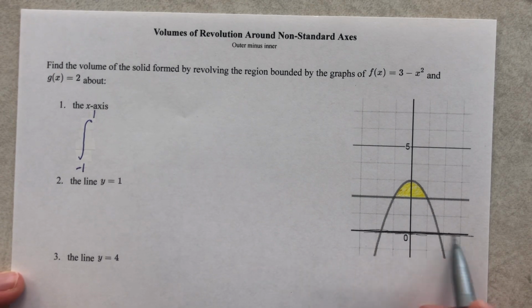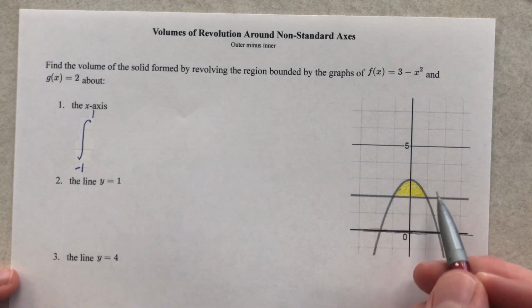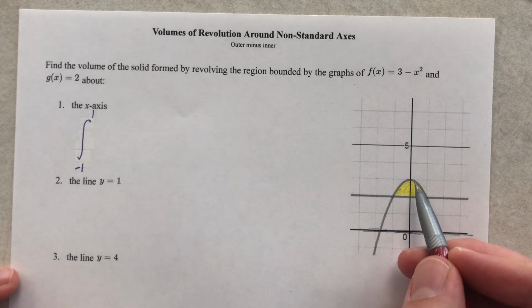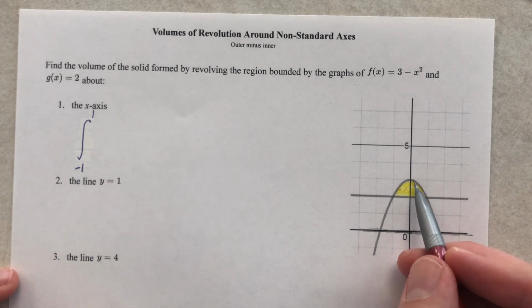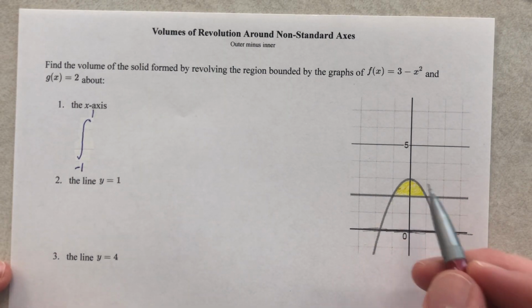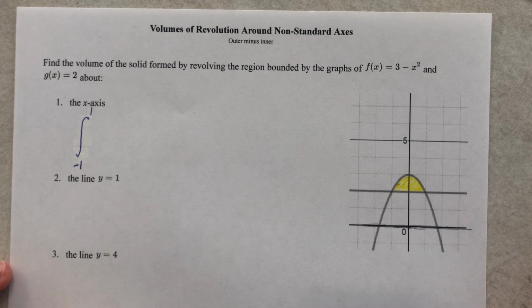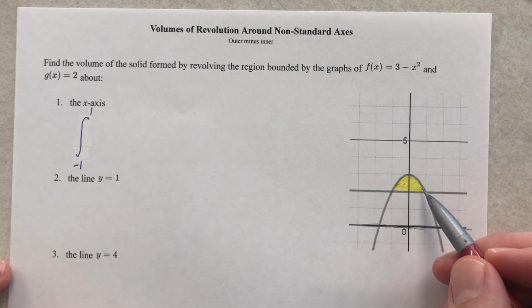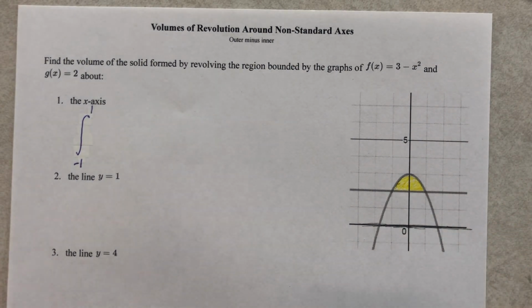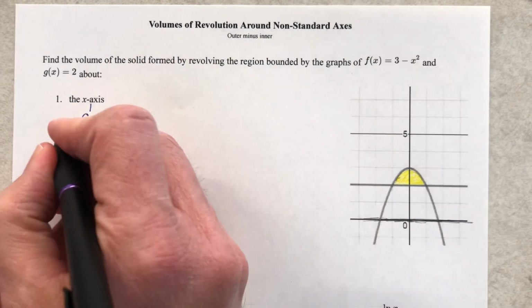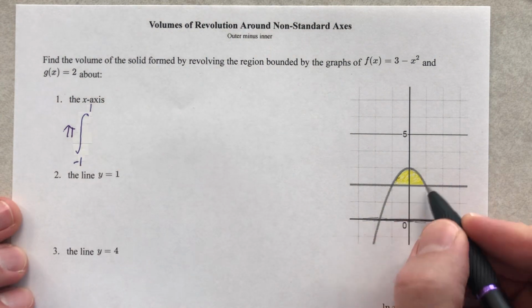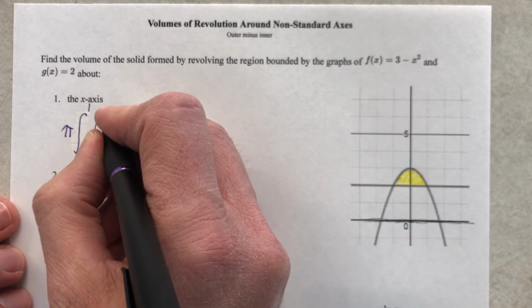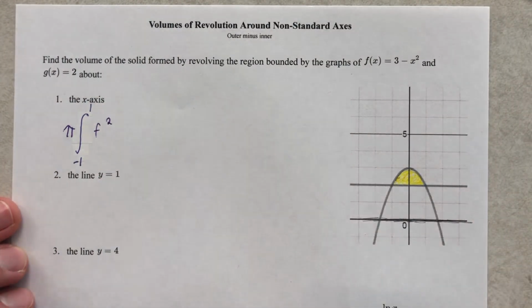With the shape that we have right here, the outer radius is the parabola, and that comes first. If I just said, find the volume you would make if you rotated this shape around the x-axis, you would say, well, that sounds circular, so it would be pi times the f function squared, dx.